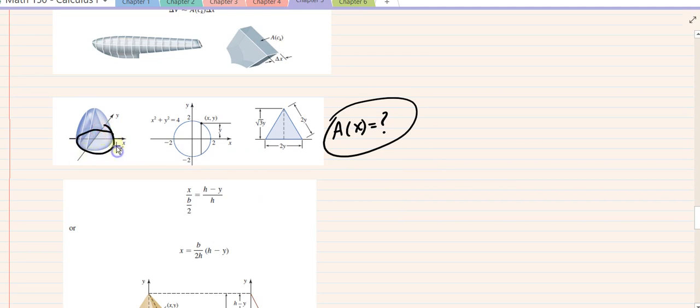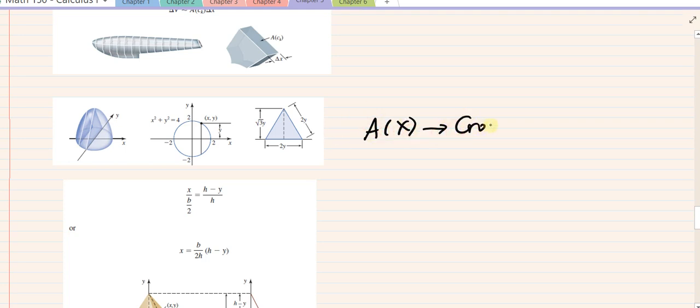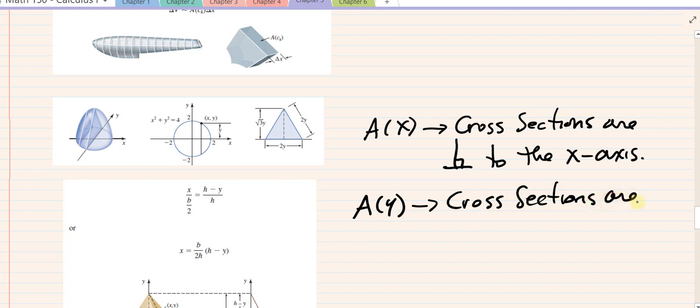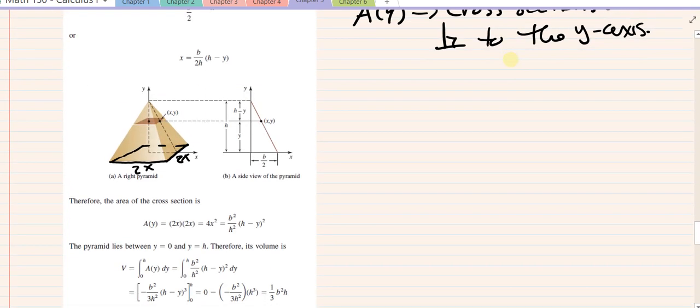If the cross sections are perpendicular to the x-axis, you use A(x), and use A as a function of y if the cross sections are perpendicular to the y-axis. Okay, and here we have it.